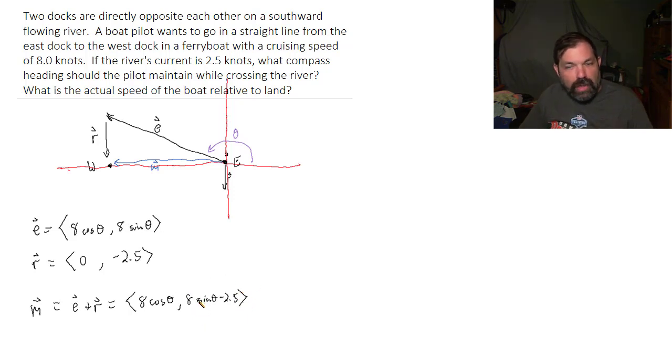And now if we think about that M vector, if we want to go directly from east to west, we want our M vector to be horizontal. So then the Y component must equal 0.